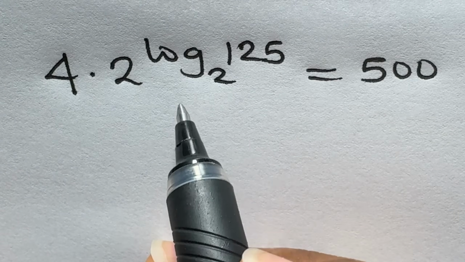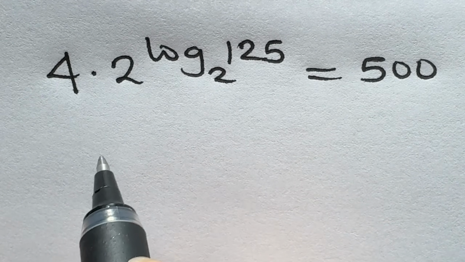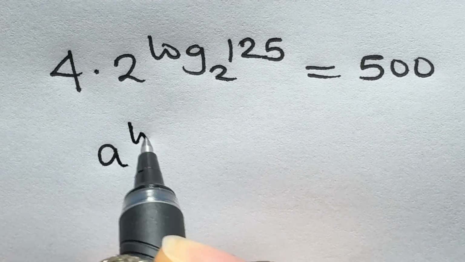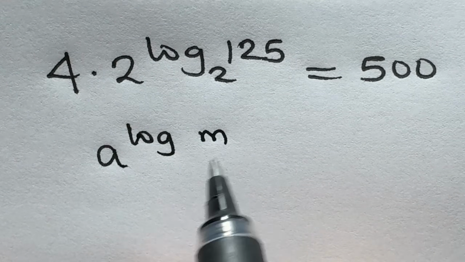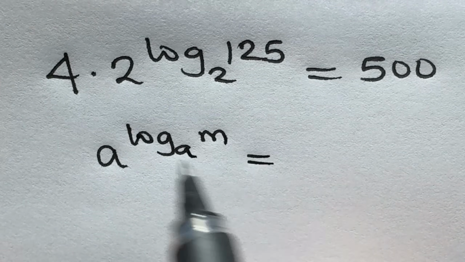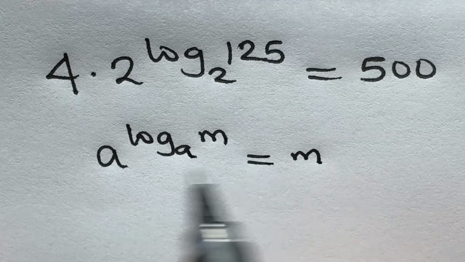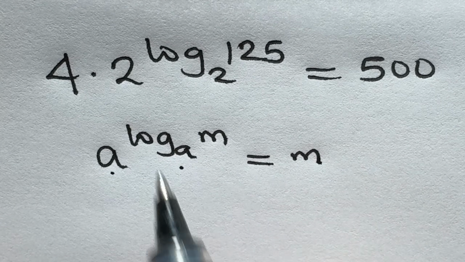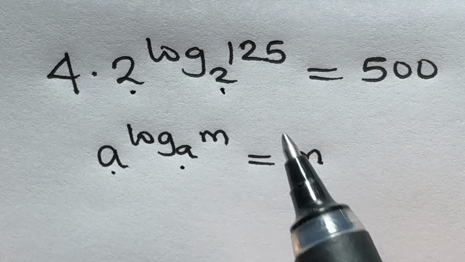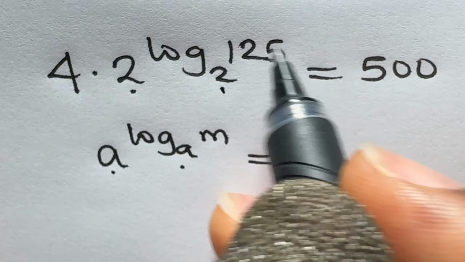This expression here is of the form a raised to power log m base a. By law of logarithm, this will give us m as long as this base and this base are the same. So this base and this base are the same, so this will give us 125.